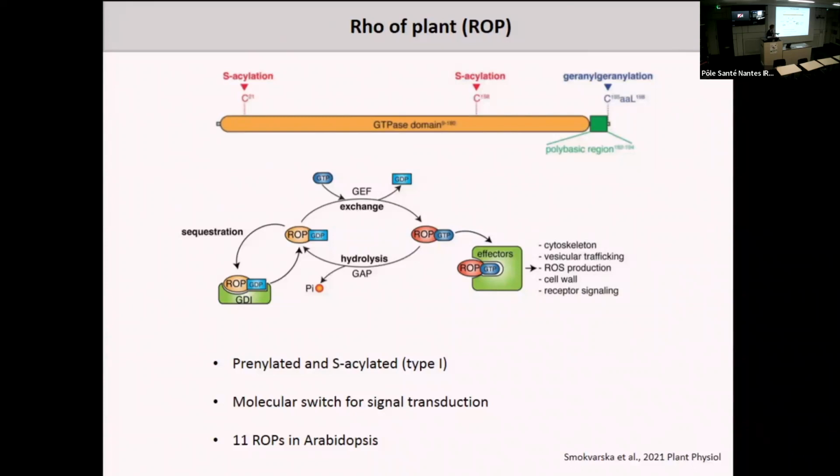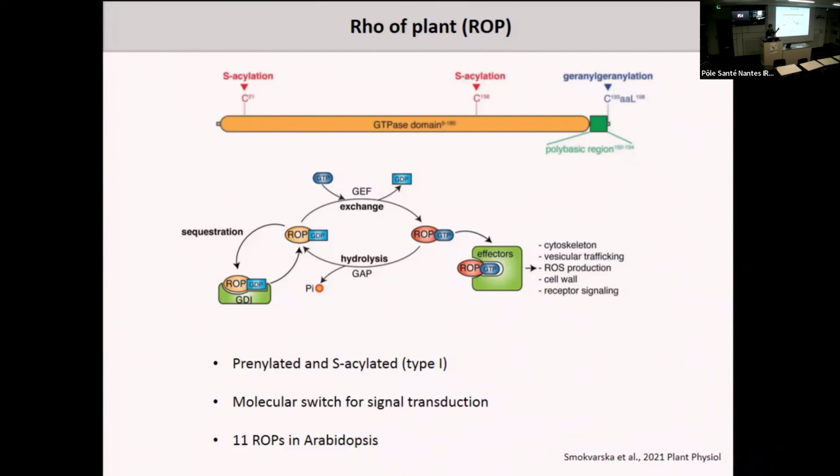There are 11 isoforms in Arabidopsis, and they have a big G domain as usual. They have a small tail that contains polybasic amino acids, and they are prenylated at the C-terminus, and they have two sites of acylation. And as you know, they are molecular switches.